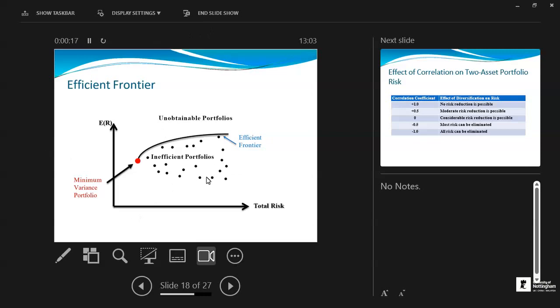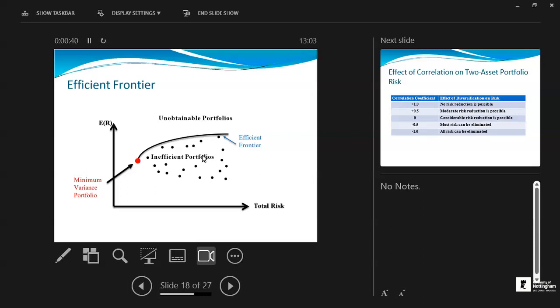So you can create an infinite number of portfolios by combining different assets. So all these dots on this slide represent a portfolio, right? And these are different portfolios, and you can create these different portfolios by simply changing the weights. Okay. So if you have to select a portfolio from this slide, which point will you select?